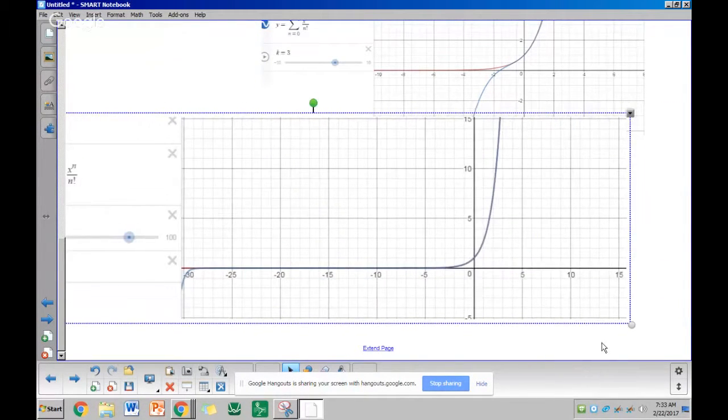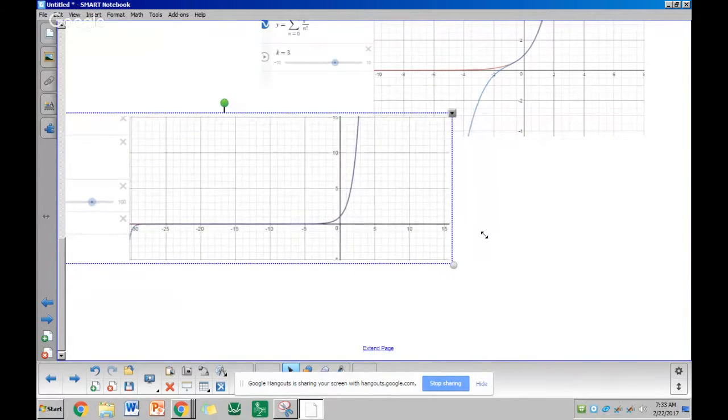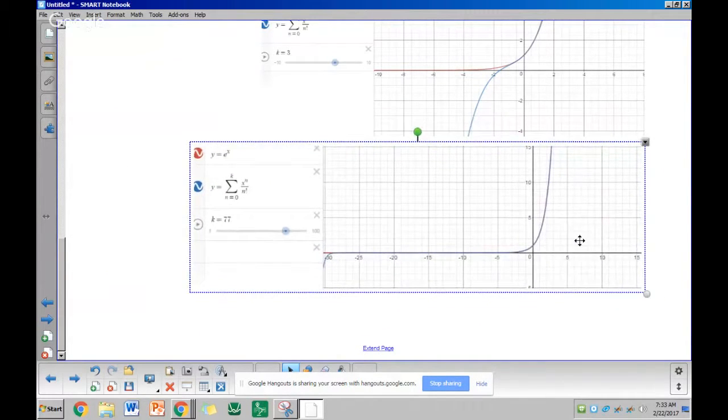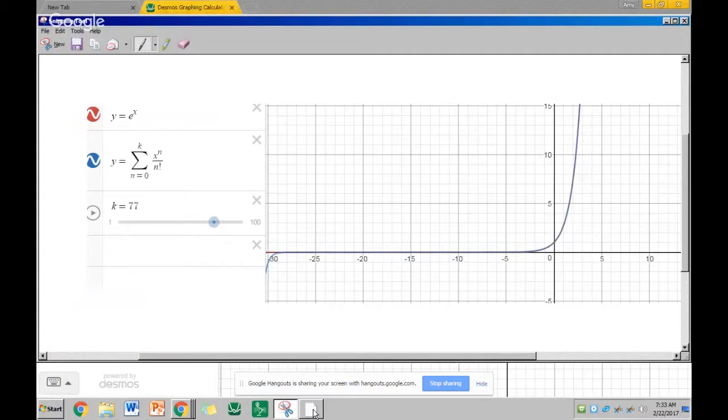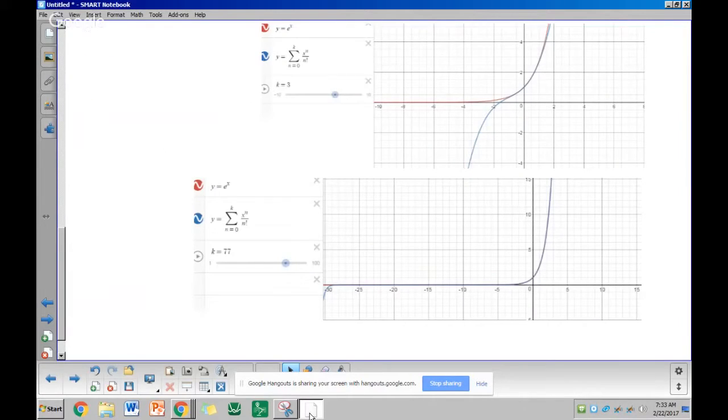So where we see e to the x, we can dutifully replace it with 100% accuracy with the Taylor polynomial, or the Taylor series that we created. Right here.